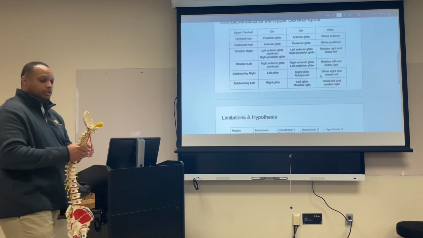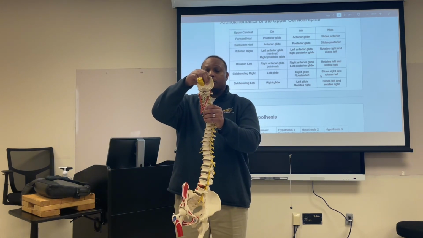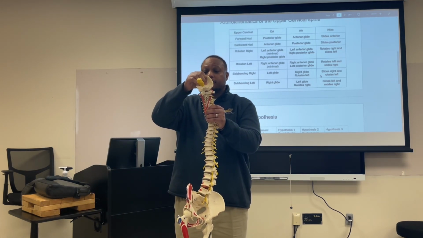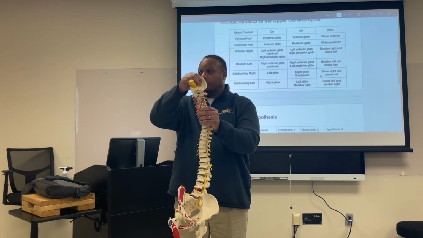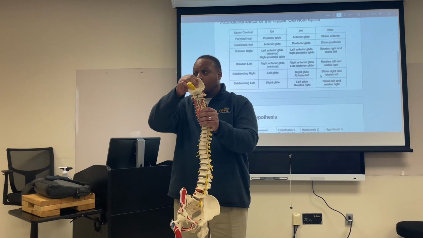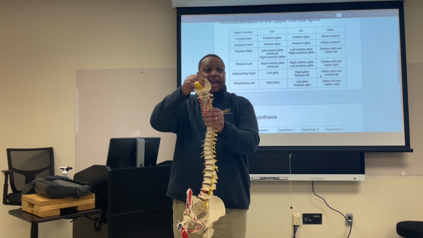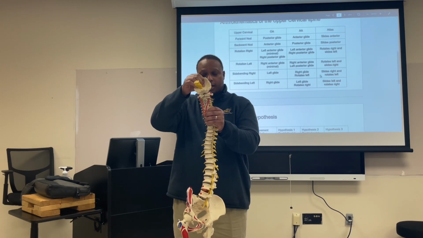All right? So, side bending right. I'm side bending right. Okay? With side bending right, subcranial spine, at OA, I get a wedge. Occipital condyles move on the atlas. Occipital condyles slide in which direction? To the left.